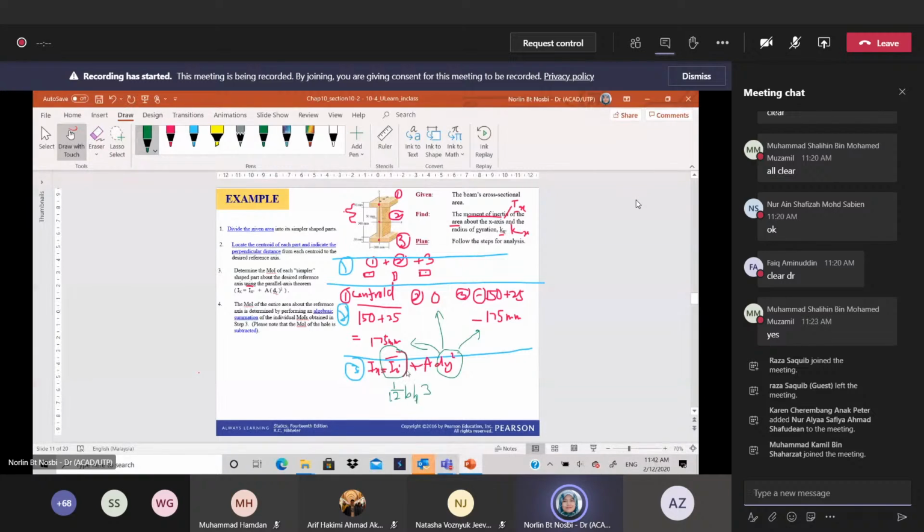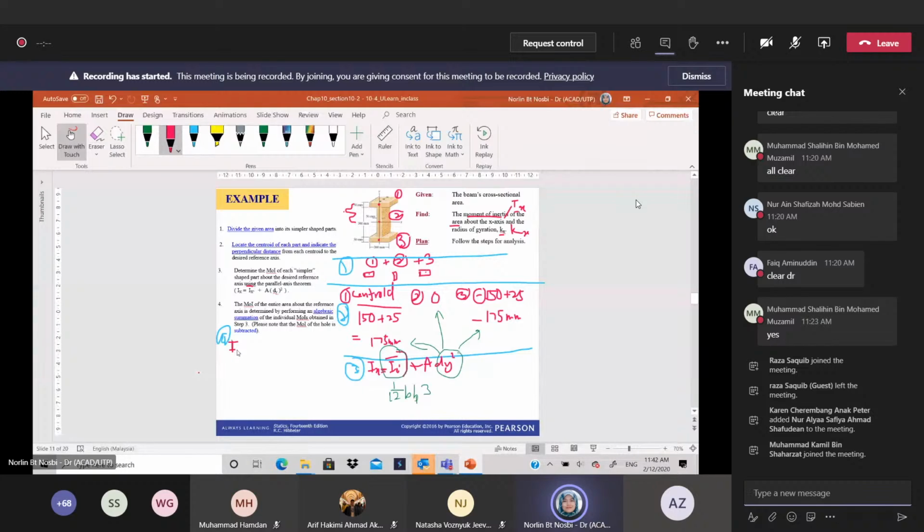So how do you want to solve this question? You need to do it one by one. Ix bar plus A dy squared for the first shape, Ix bar plus A dy squared for the second shape, and then Ix bar plus A dy squared for the third shape. So you want to find the Ix, right?